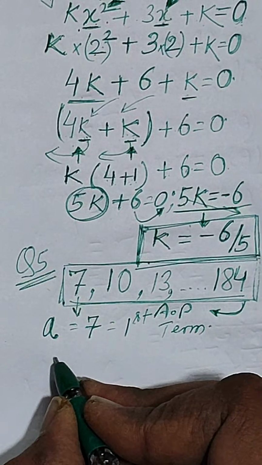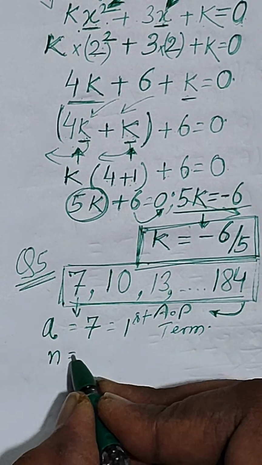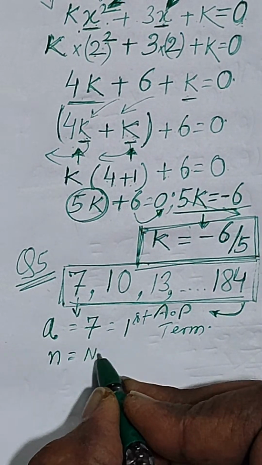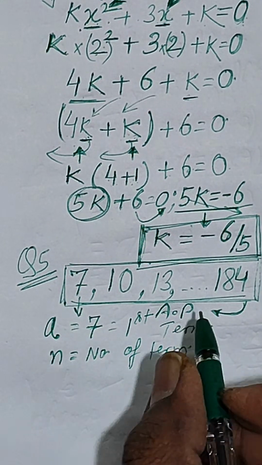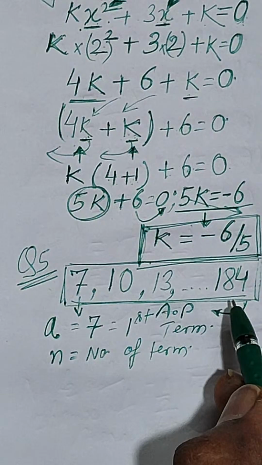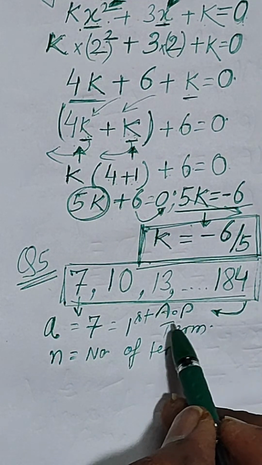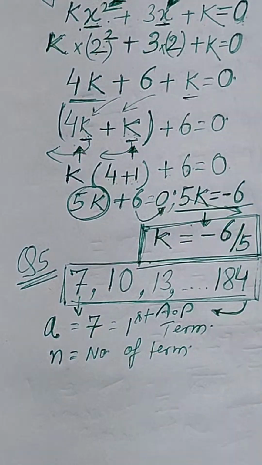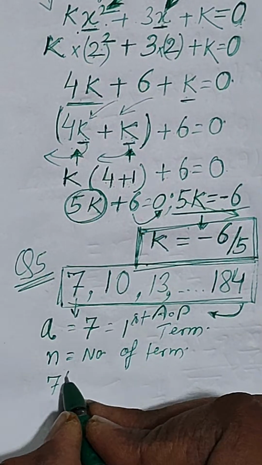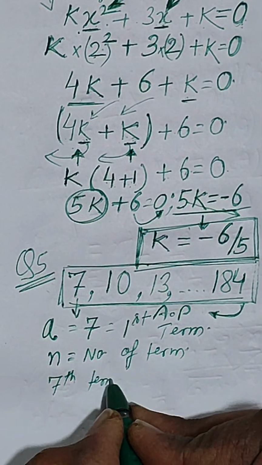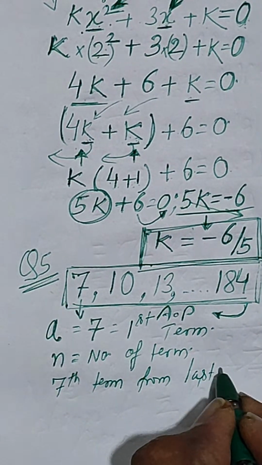If there are n terms in this AP, we need to find the number of terms. Unless and until you find the number of terms in this AP, how will you be able to identify the seventh term from the last, right? So the question is: what is the seventh term from last?